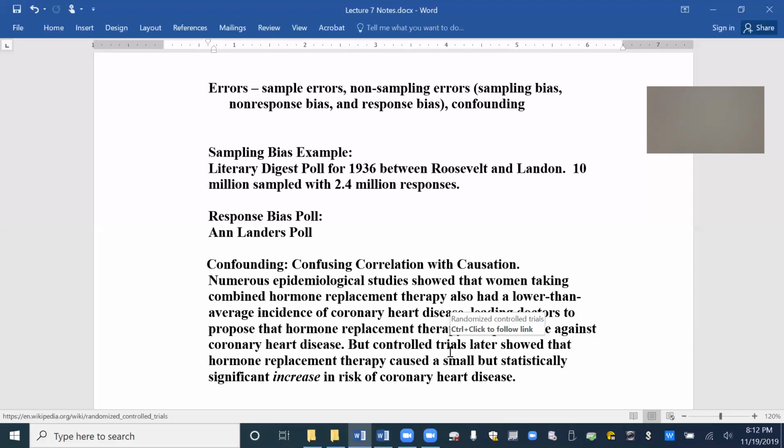Same election, George Gallup sampled 50,000, not 2.4 million, 50,000 across the US, and did an excellent job and started a business based on the results. He was the modern day Nate Silver. Nate Silver is probably the top forecaster out there now. He didn't call Trump, but he gave Trump the highest chance of winning of anybody.